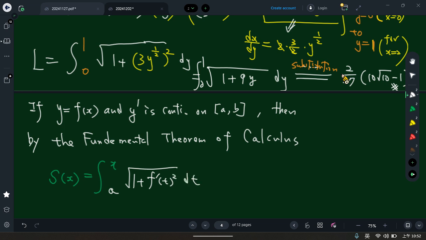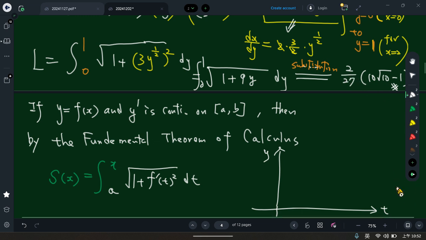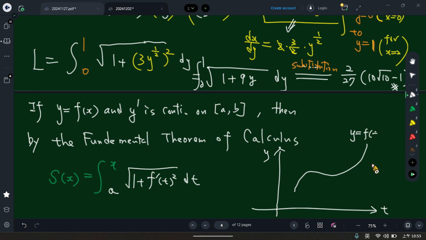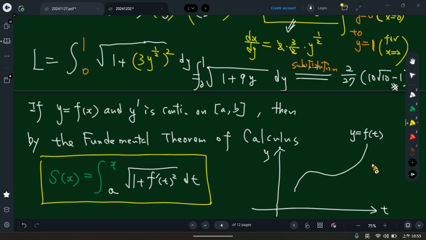What does it mean? The idea is just like that. Okay, if I give you a function of t, why would I use t? Because later on I will use x for another purpose. So, of course, here you can see, again, I give you y is equal to f of t. Based on this, if I define it as this one, what does s of x want to represent?